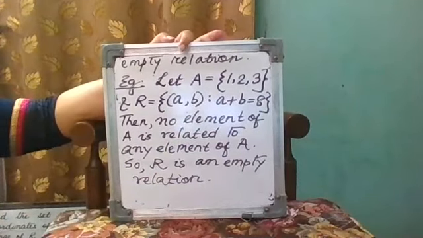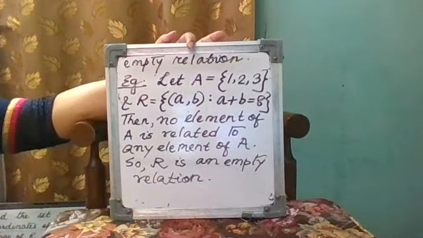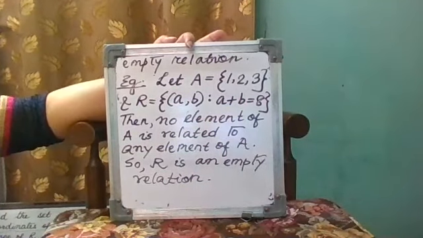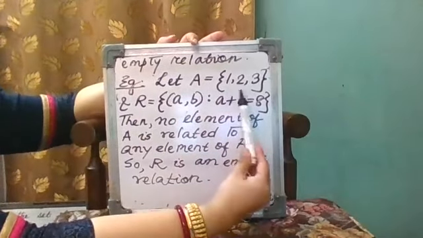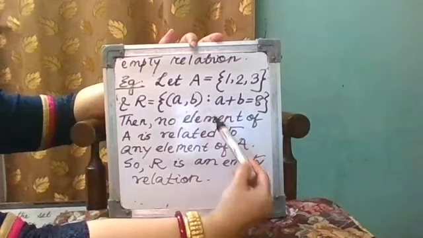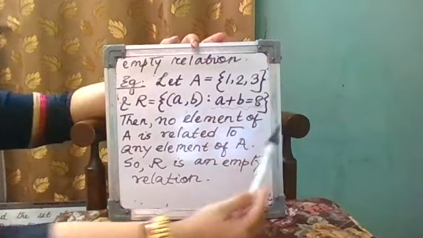This is the example. See, what is the example I've taken? 1, 2, 3. 3 elements in set A. But in set R, the equation is A plus B equals 8.